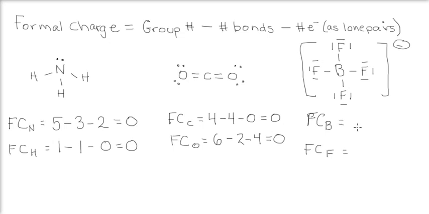So for boron, we have group number 3, 4 bonds, and 0 electrons as lone pairs. This comes out to be -1. And for fluorine, we are in group 7. We have 1 bond, and we have 6 electrons as lone pairs.